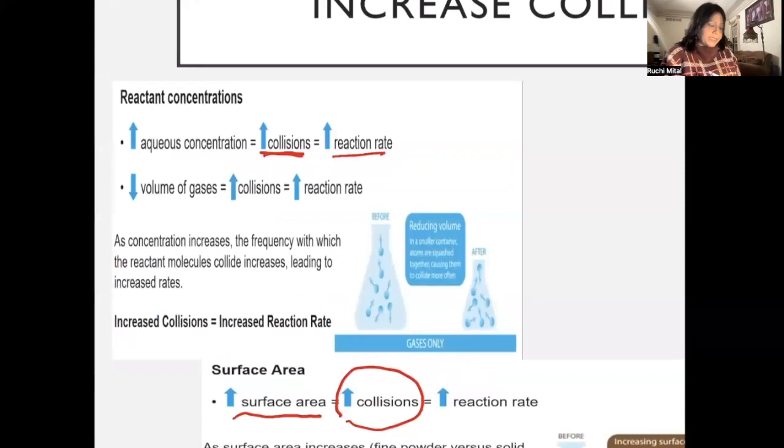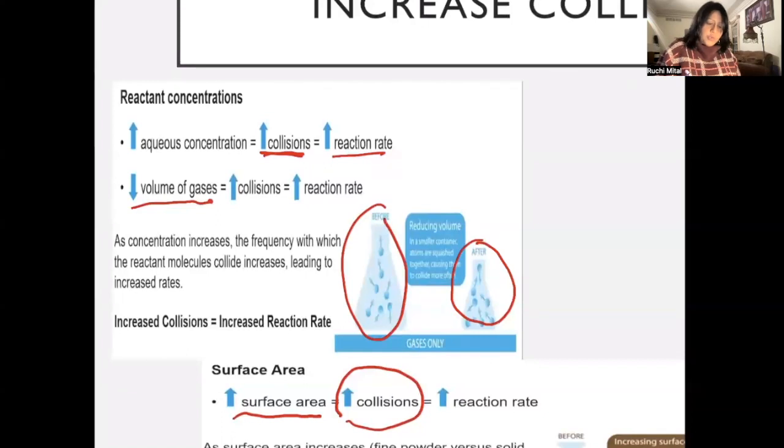Now, look at this: the volume of the gas. In case we are talking about gases, if we decrease the volume, collisions will increase, because if I have a smaller volume, collisions will increase, versus if it was in a larger volume.